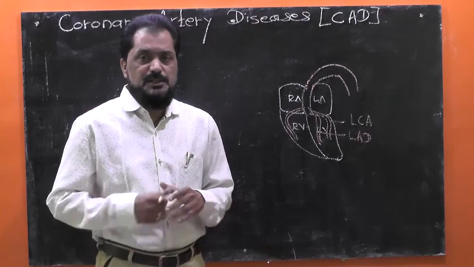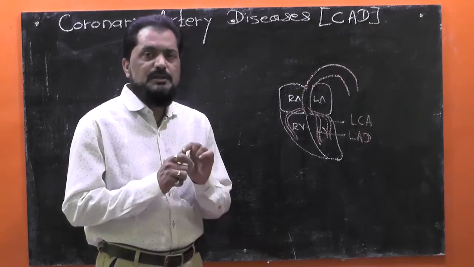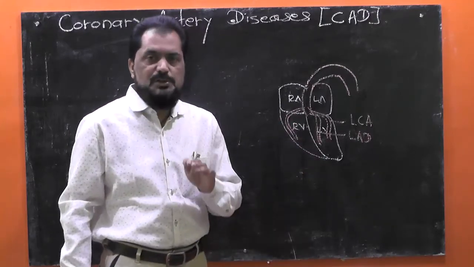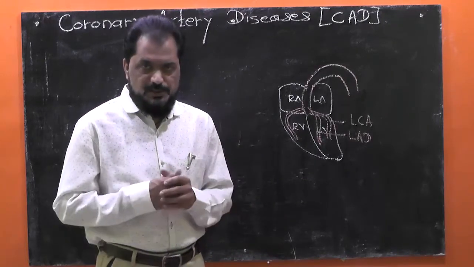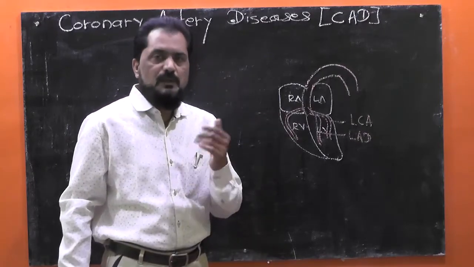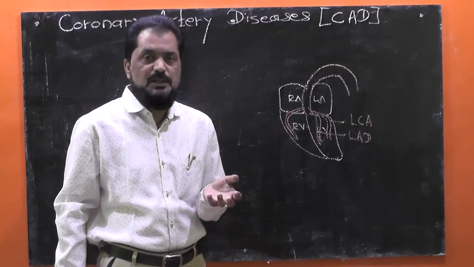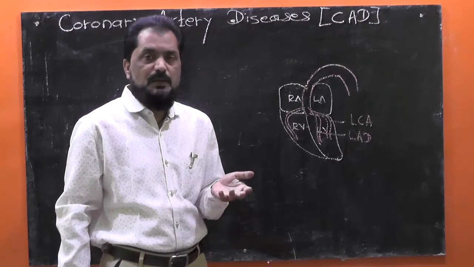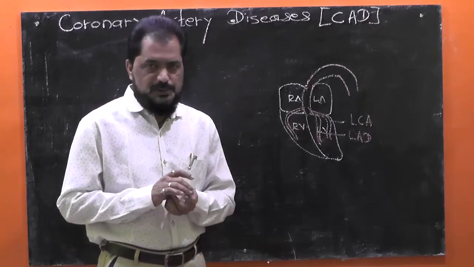Coronary artery diseases are caused due to any damage or disease to the coronary arteries which supply oxygen and nutrients to the heart muscles, cardiac muscles. Whenever any of these numerous coronary arteries, the major ones or their branches, get damaged or develop some problem, coronary artery diseases develop.